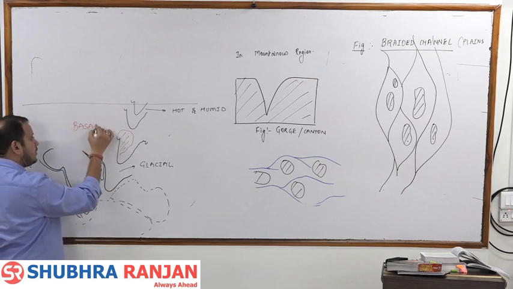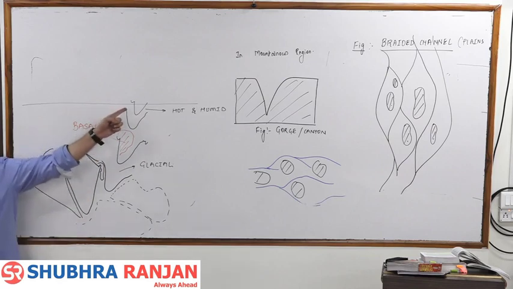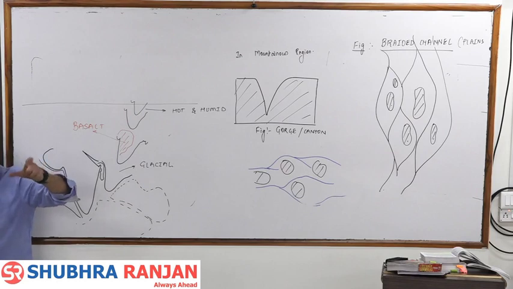Now basalt normally is a very strong rock, but it becomes a very weak rock when it is put under water for a continuously long time.